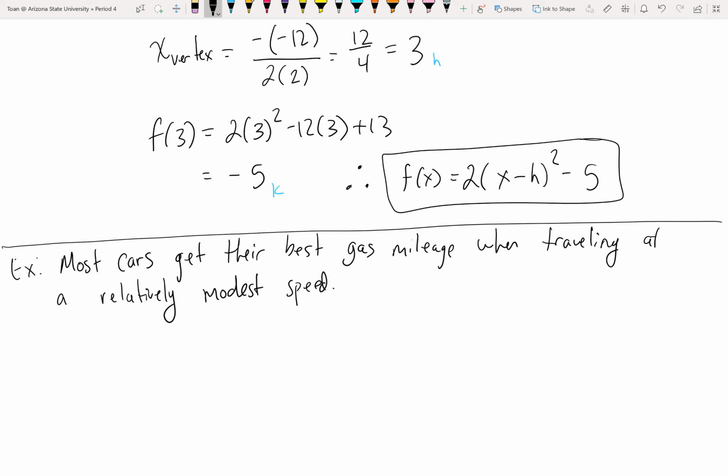So not only does this word problem teach you math, but it also gives you a good life lesson. Don't speed. The gas mileage.